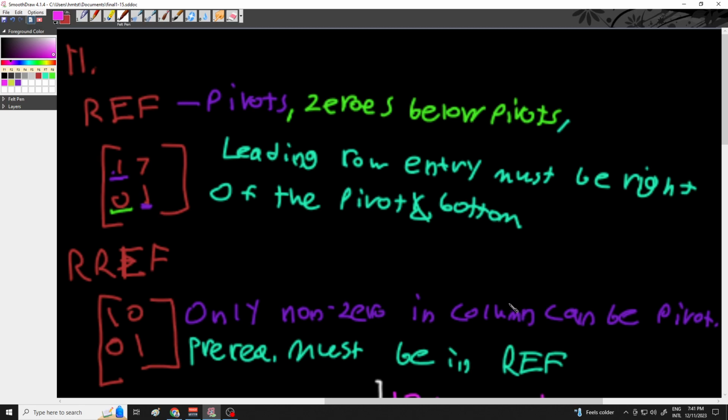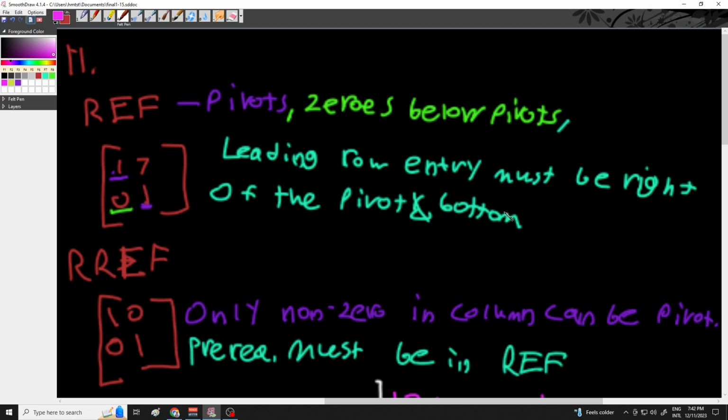Essentially, there are 3 pieces to the row equivalent formation. Every entry needs to go down and then to the right in a column.